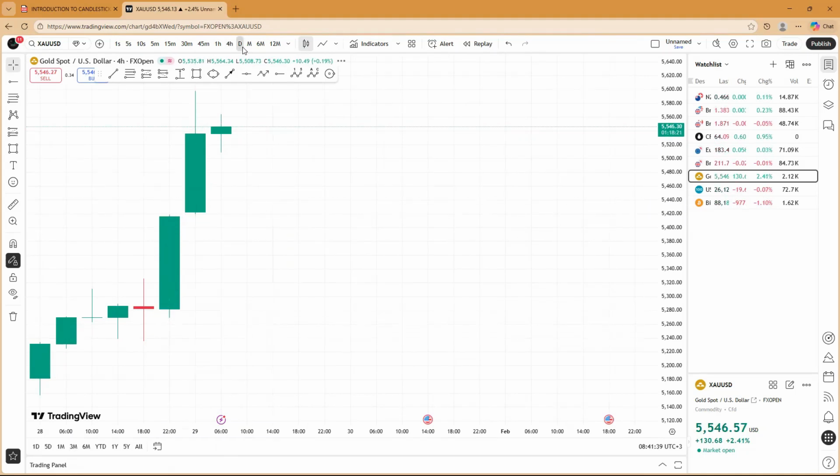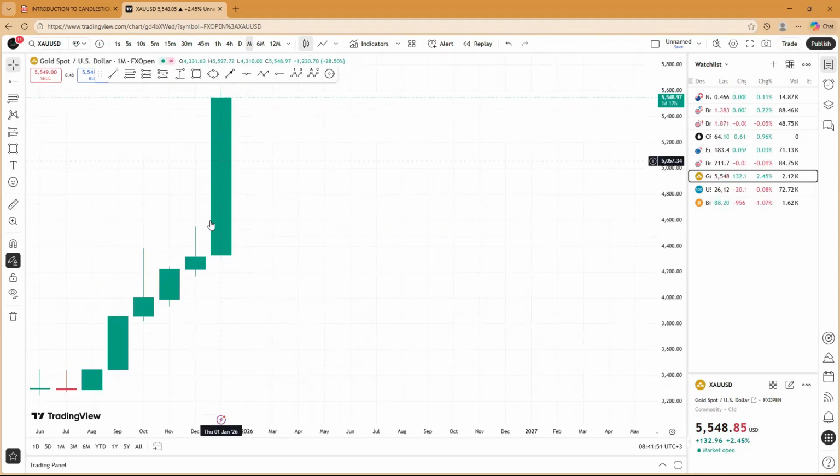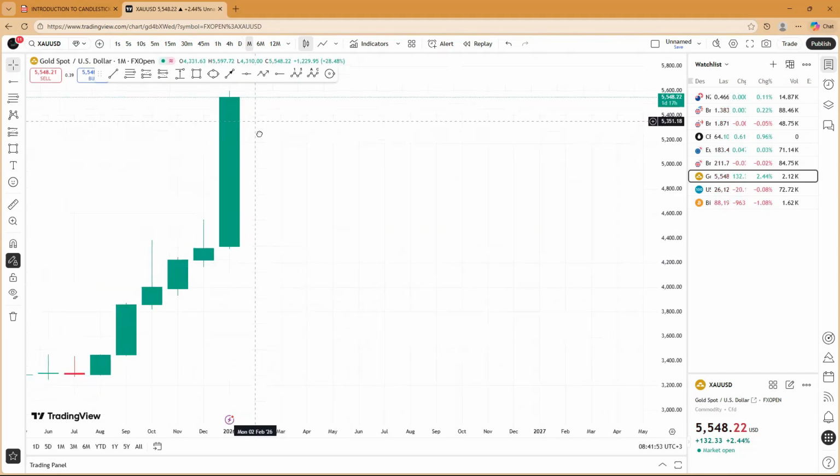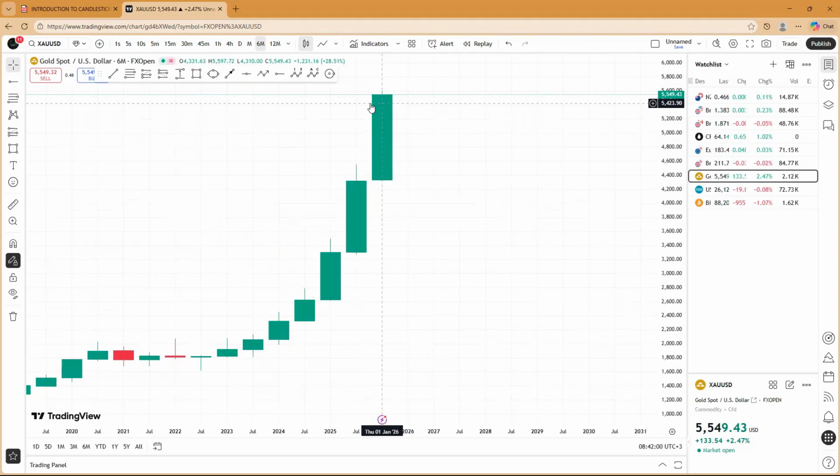So if you go to the day, this candle took a day to be formed. It opened and took 24 hours to be formed. It represents a day. When you go to a month, then this candle took the whole month. This one candle represents 1 month. When you go to 6, like that, this one represents 6 months.